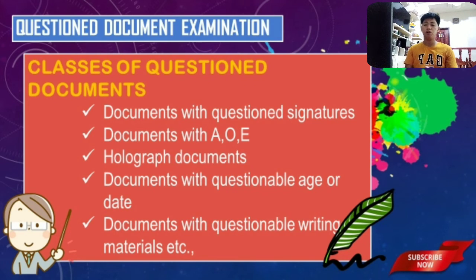Ang pinapakita mo doon is binenta mo yung lupa o yung sasakyan mo sa akin ng halagang 10,000 pesos. So if it appears that there are parts of the document that have been altered, let's say binura yung isang zero kaya naging 10,000 instead of 100,000, that's alteration, because it alters the content of the document.